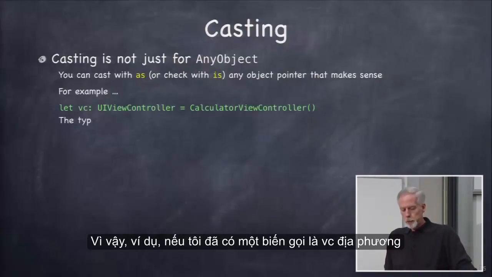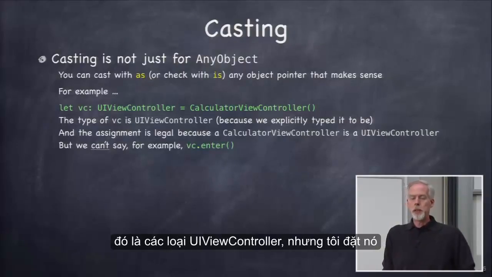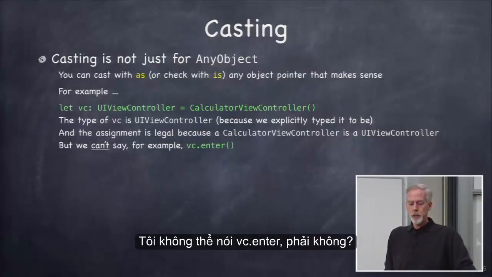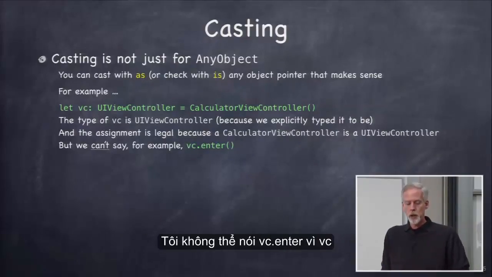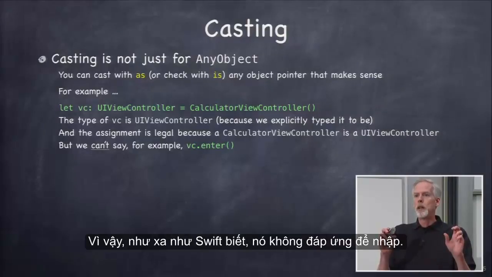So, for example, if I had a local variable called VC, which was of type UI view controller, but I set it to calculator view controller, okay? I couldn't say vc.enter, right? Enter is a method in our calculator view controller. I couldn't say vc.enter because VC is a UI view controller. So as far as Swift knows, it doesn't respond to enter.